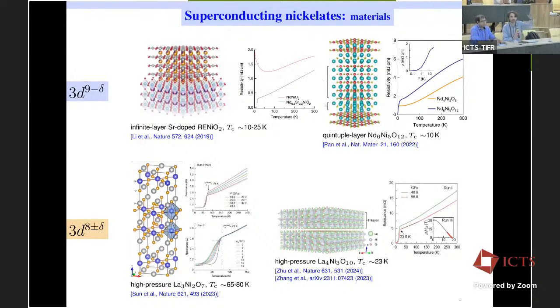In cuprates there was experimental evidence in the early age, in the late 80s and 90s, where X-ray spectroscopy showed that you have a ligand hole with a different symmetry with respect to the in-plane symmetry of the CuO plane. And this led to the idea that you have a two-band system to describe the physics of the cuprate.